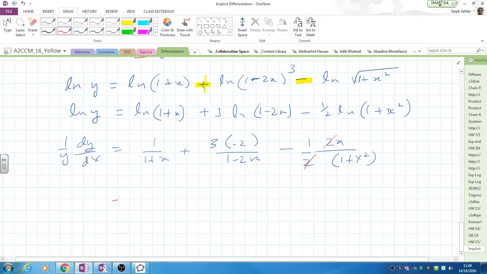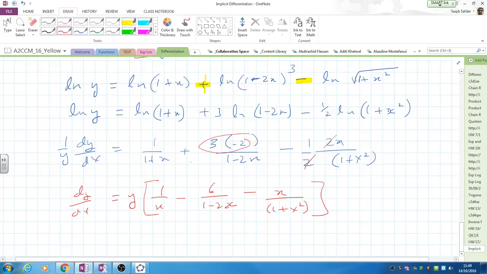And so we can write this out as dy over dx equals y times 1 over 1 plus x, minus 6 over 1 take away 2x, minus x over 1 plus x squared. Because the 3 times the 2 gives us a minus. Oh, so plus 1. Okay, happy?